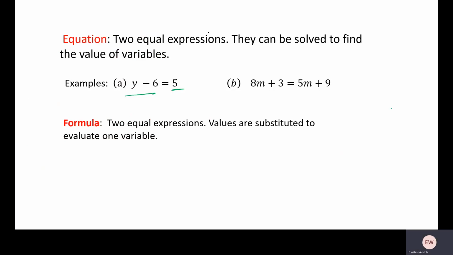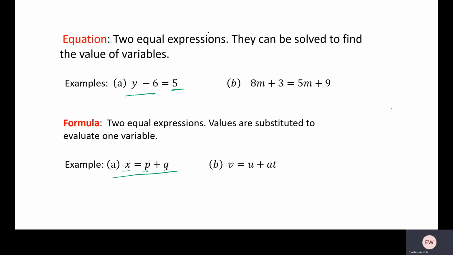Now, with a formula, it is also two equal expressions, but with formula, you have to substitute values into the mathematical operation. So for example, when we pick the first one, if we want to find the value of x, we need the value of p.